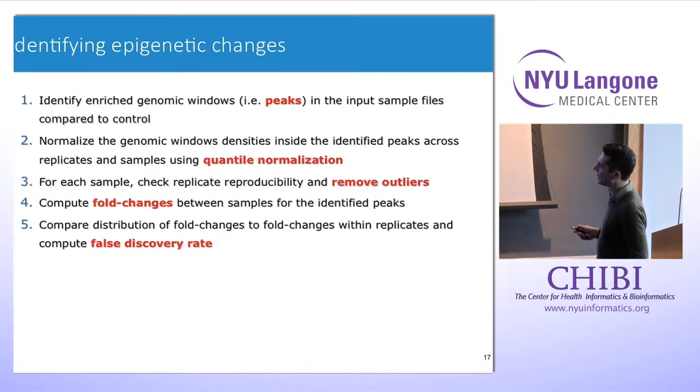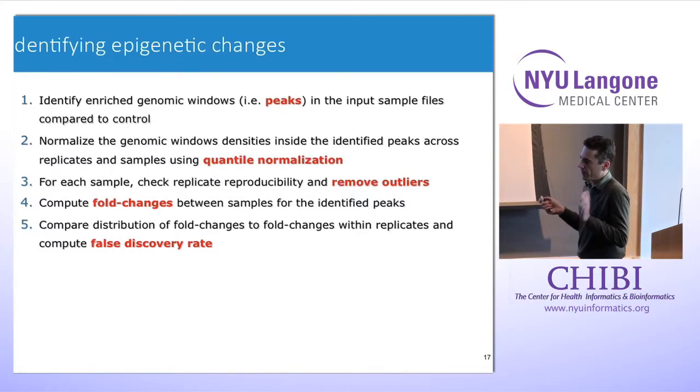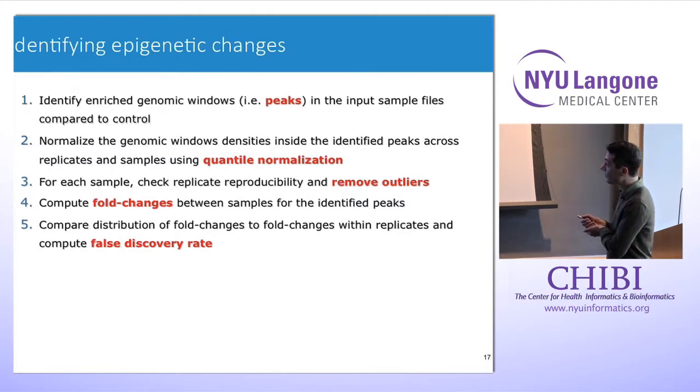Then one interesting step was to do a quantile normalization across all the windows, enriched or not. Usually what is done is you normalize by the total number of reads. That's the standard thing you do. We found that quantile normalization can correct for a few things.